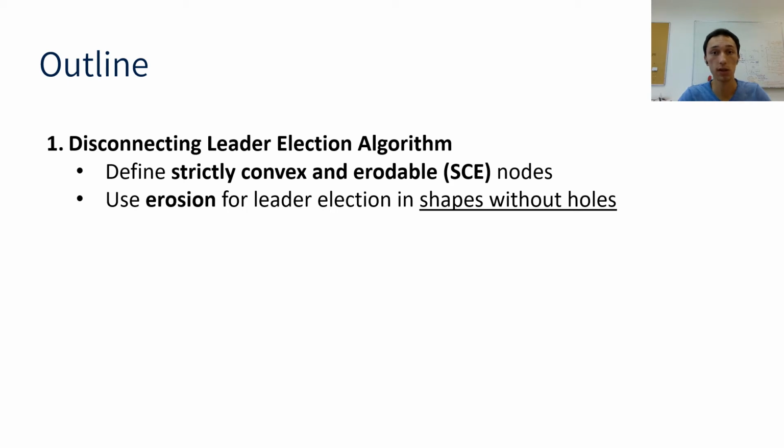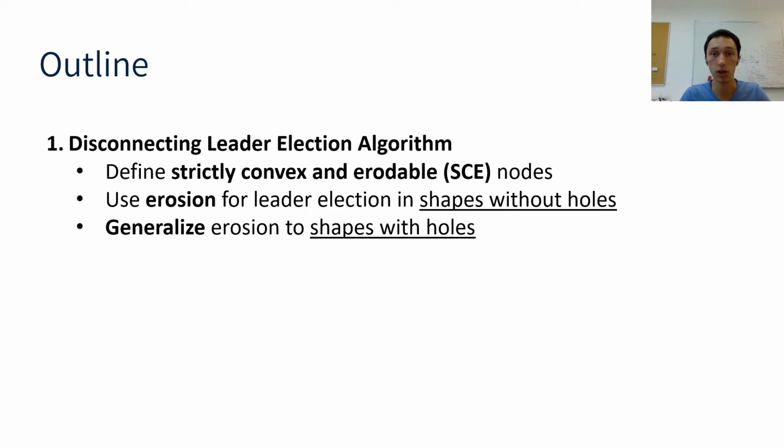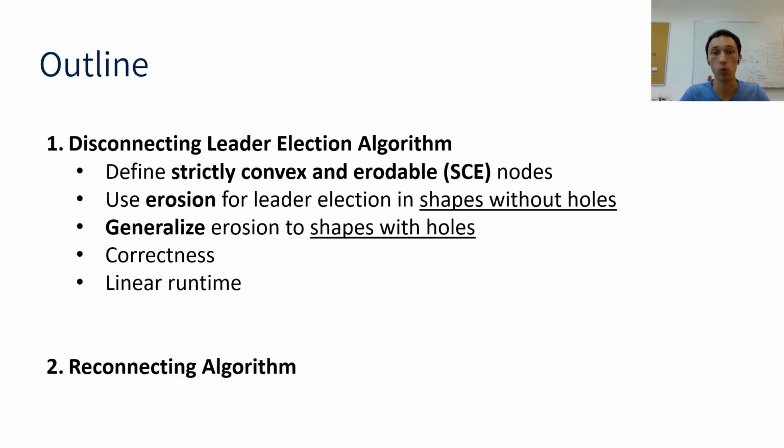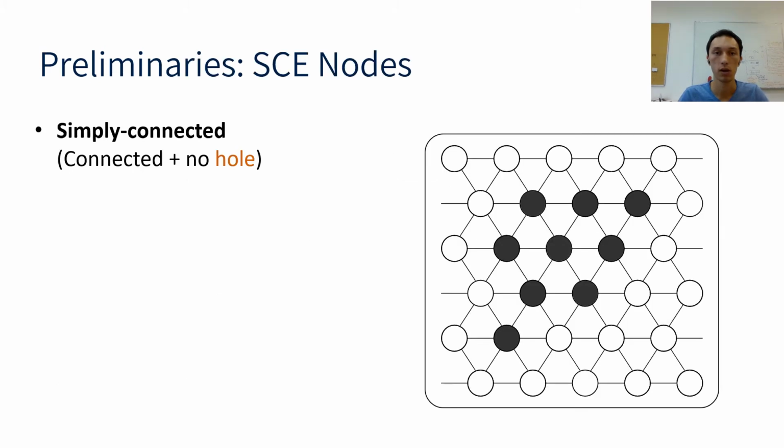This process gives a leader election algorithm on shapes without holes. After which, we generalize this erosion process to shapes with holes. To conclude this part, we will sketch the correctness and linear runtime proofs of the algorithm. In the second part, we will briefly highlight the reconnecting algorithm's main ideas. Let us first go through some preliminaries.